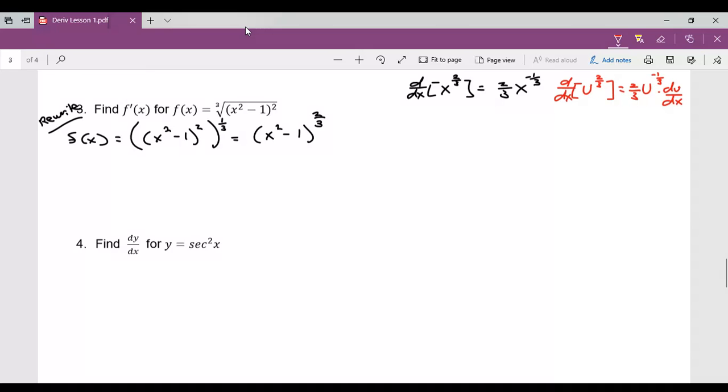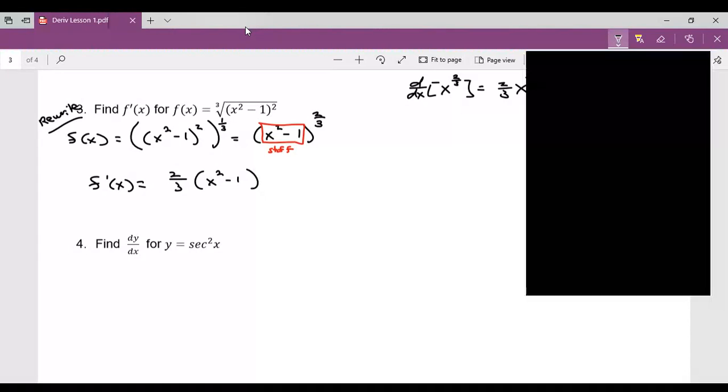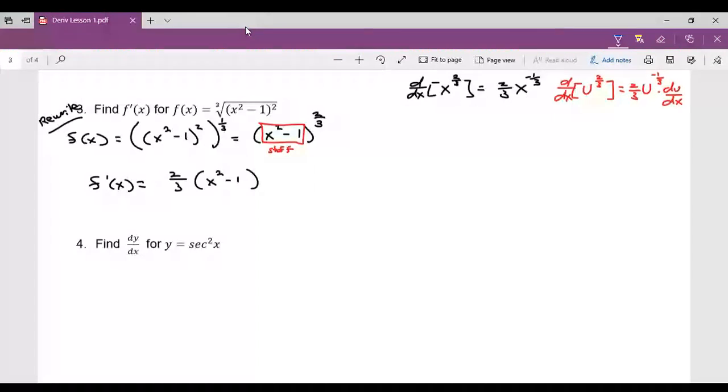So now when I come over here, how do you view this? You would view this as stuff to the 2/3. So the derivative is going to be 2/3 stuff. Don't mutilate stuff. Don't change it. It's 2/3 stuff to the, you have to subtract 1 now from this power. 2/3 minus 3/3 is going to be negative 1/3.